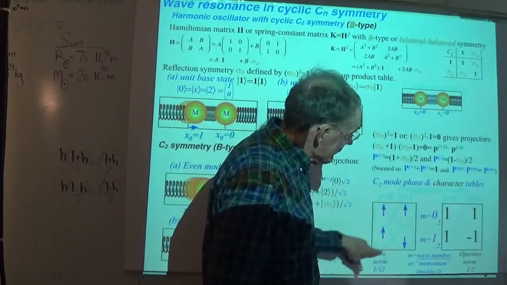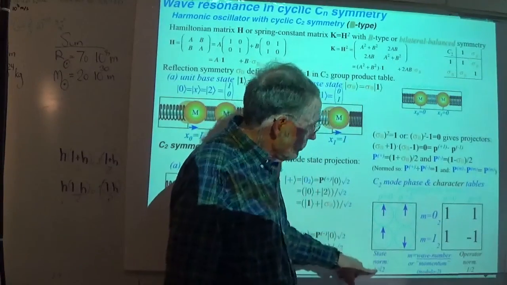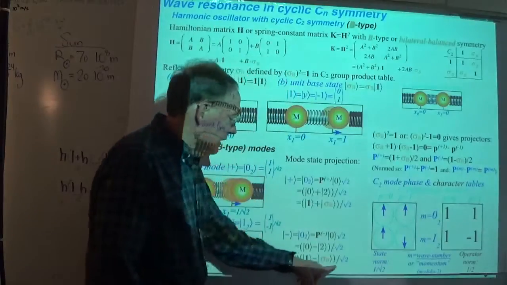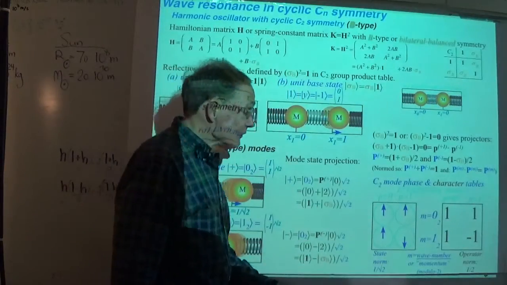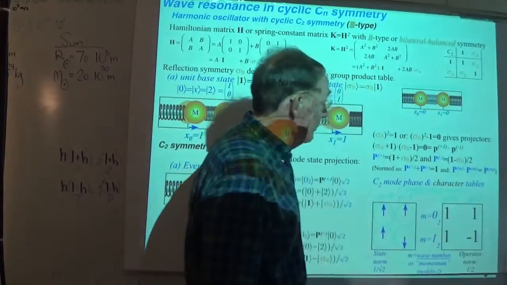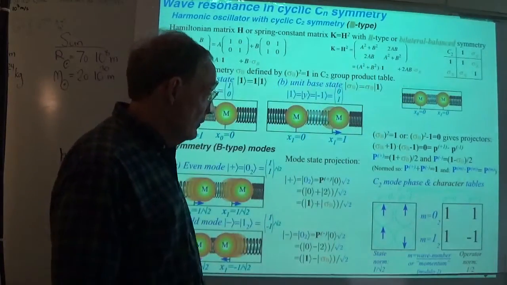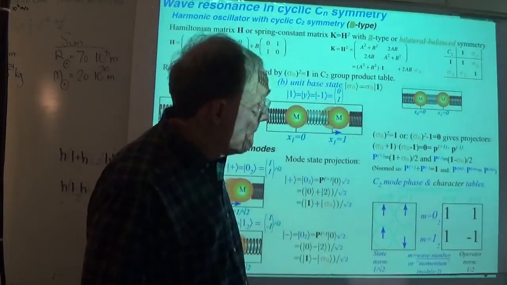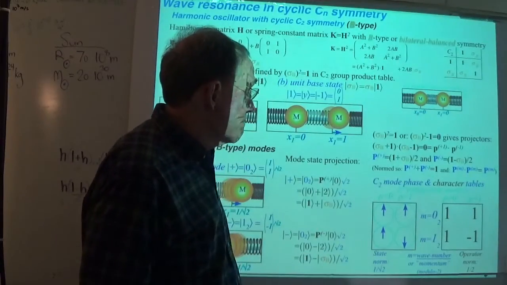If you're talking about states and kets, it's 1 over the square root of 2 times the 2 base states. But if you're talking about operators, it's just a half. You don't have to mess with square roots, and that can save a good deal of arithmetic as you get more complicated here, which we will do shortly.